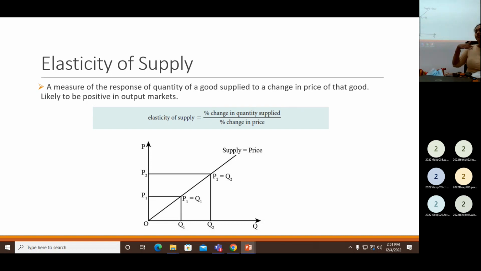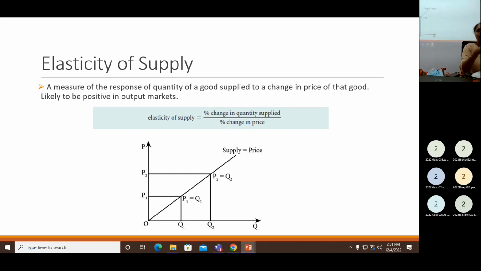You have to think about it from the supplier's point of view, from their mindset. When a particular product's price increases, suppliers tend to produce and supply more. They like to do that.